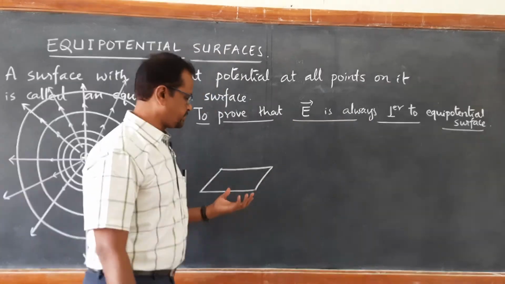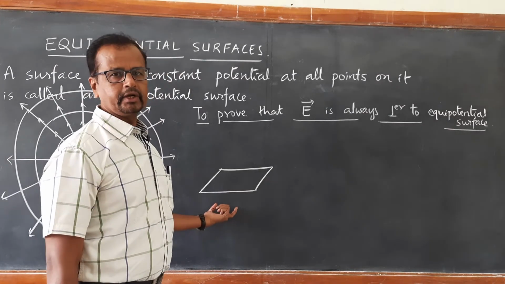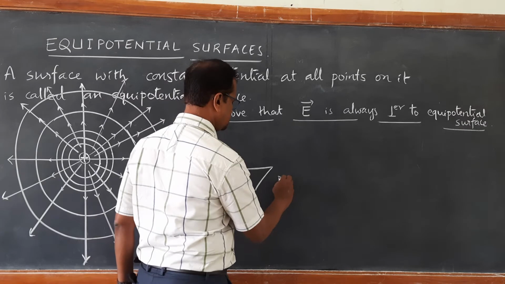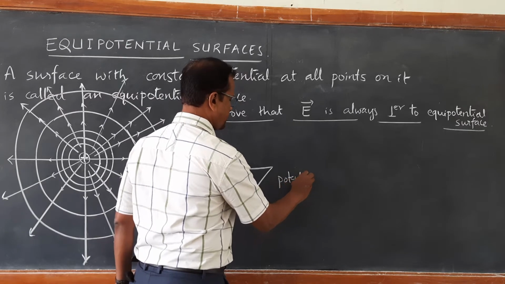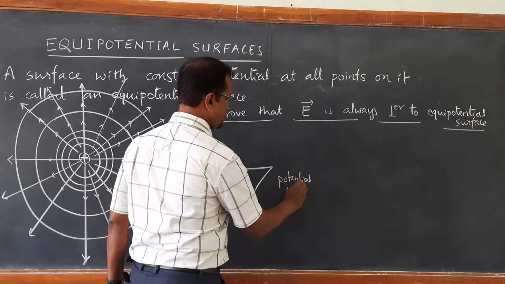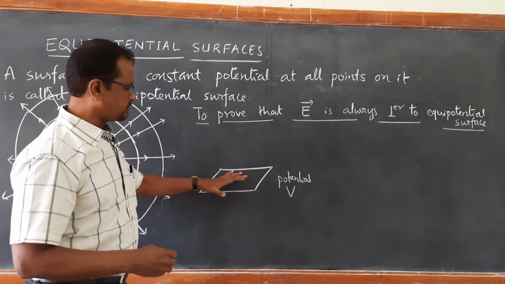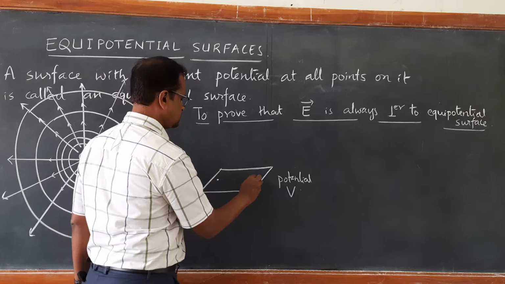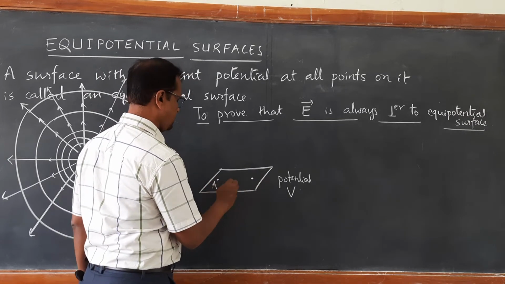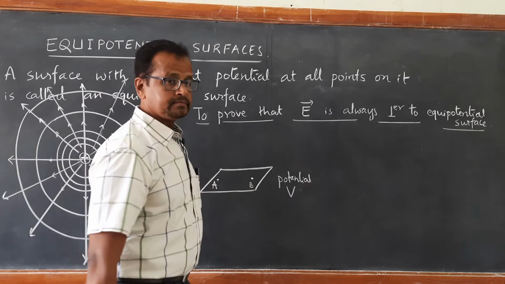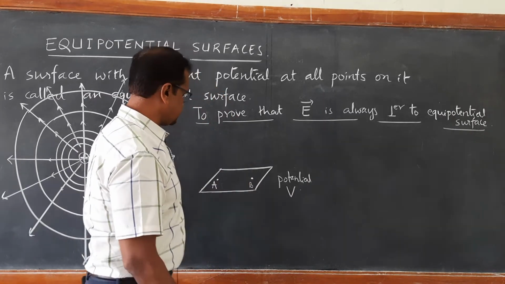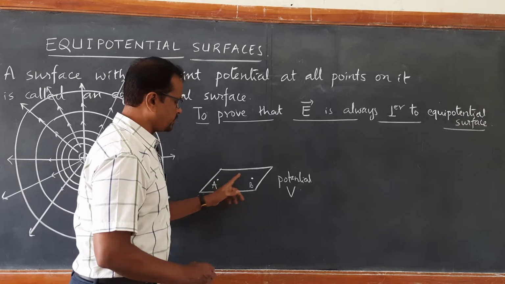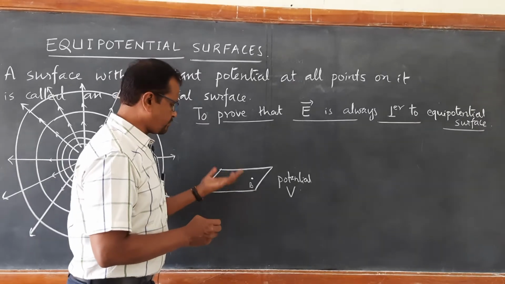Let us consider a simple example of one particular equipotential surface, a plane surface which is having potential V. At all the points on this surface, the potential is V. Consider 2 points A and B, right? Now let us calculate work done in moving a charge from point A to B or from point B to A.